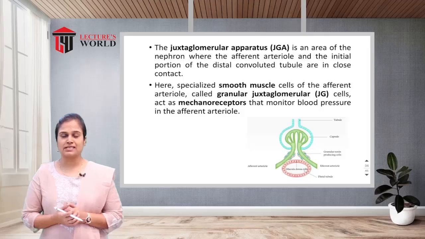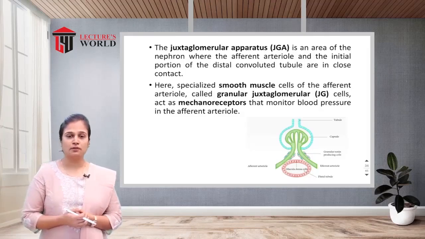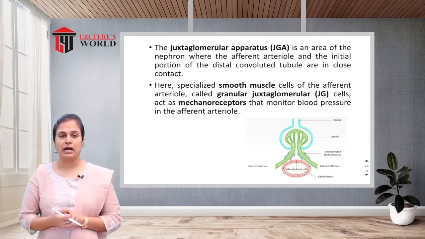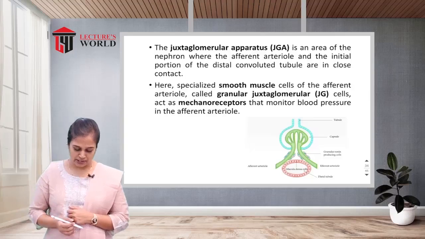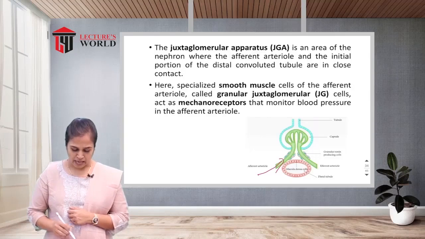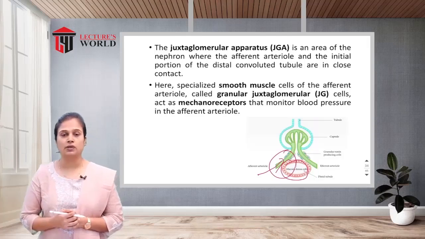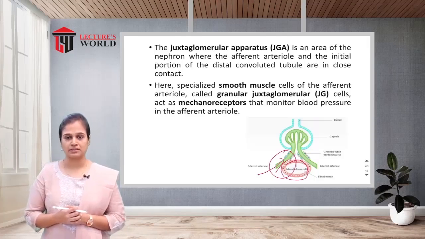Juxtaglomerular apparatus is an area of the nephron where the efferent arteriole and the initial portion of the distal convoluted tubule are in close contact. You can see in the image, this is the efferent arteriole and the distal convoluted tubule. This portion is attached and is called the juxtaglomerular apparatus.